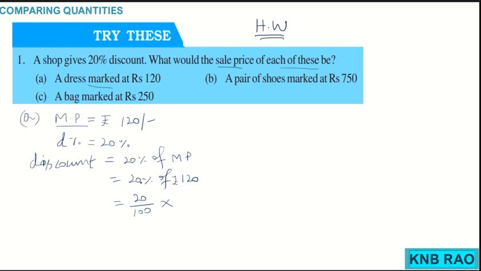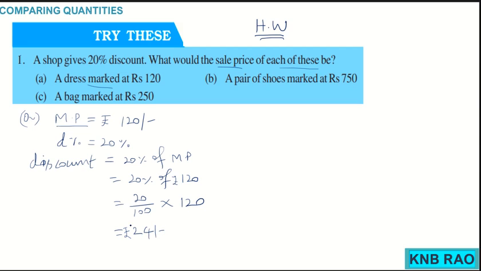20 by 100, which is nothing but 20%, of is nothing but into rupees 120. On cancellation, you will get the discount amount as 24 rupees.